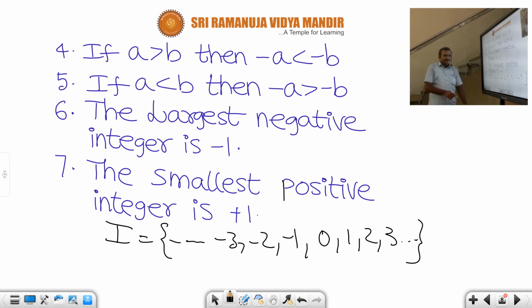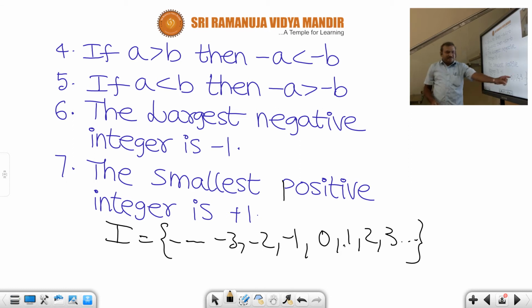Positive integers start with 1, so this is 1, 2, 3 and so on. In that, the smallest positive integer is 1.